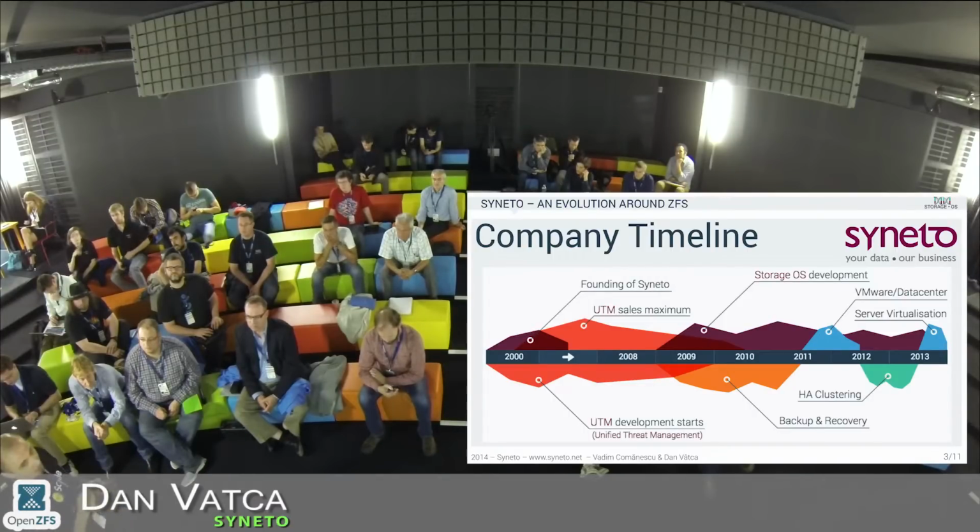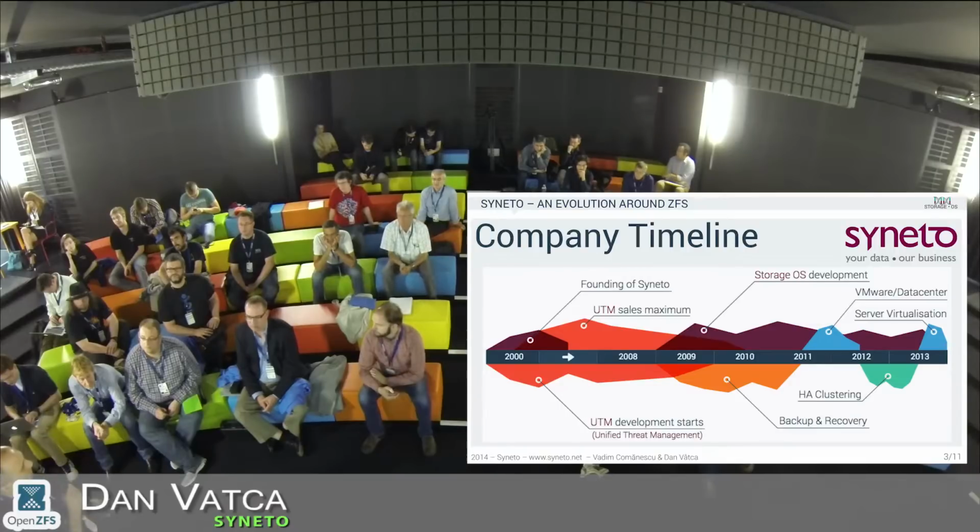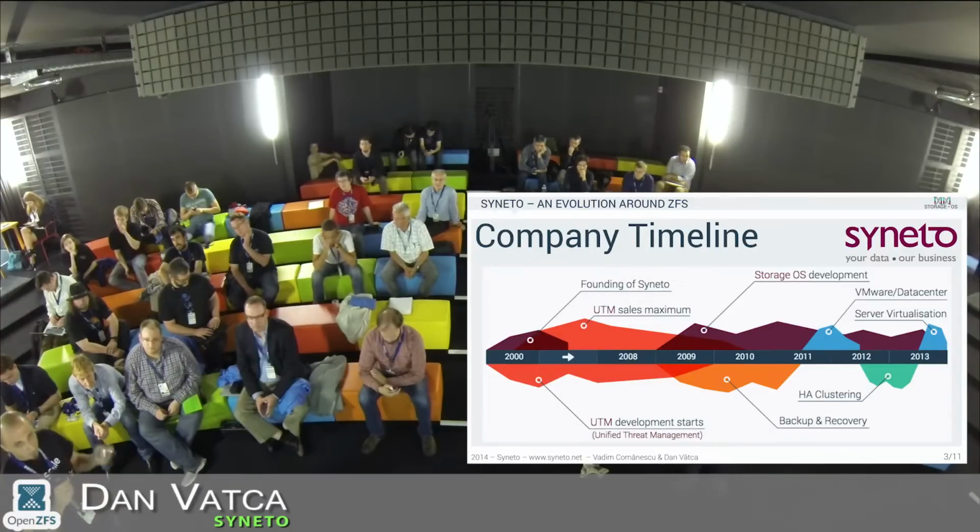And our intention was to deliver a system which is very supportable, which we can help our customers understand what's going on with their systems. So that's why we chose Illumos. And we started from there.